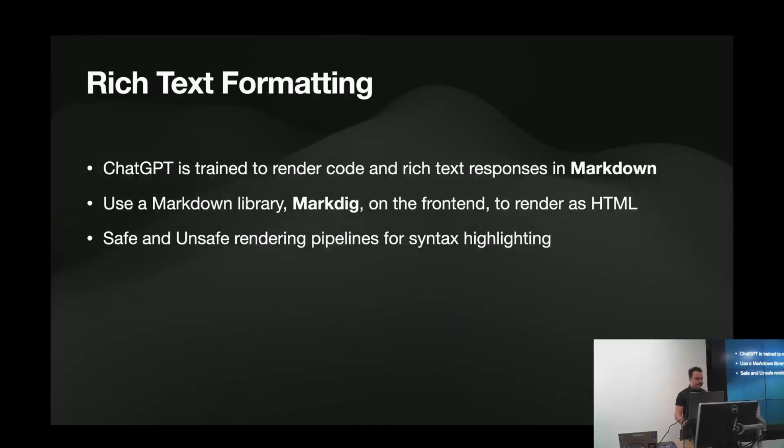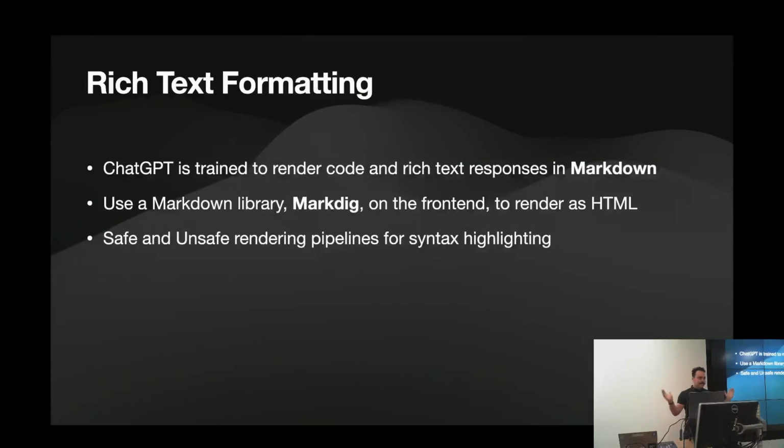And for syntax highlighting as well, we need a safe and unsafe rendering pipeline. If you've ever used an IDE like Visual Studio Code and just been writing code and the syntax highlighting suddenly stops working, that's because the syntax highlighting engine has crashed.